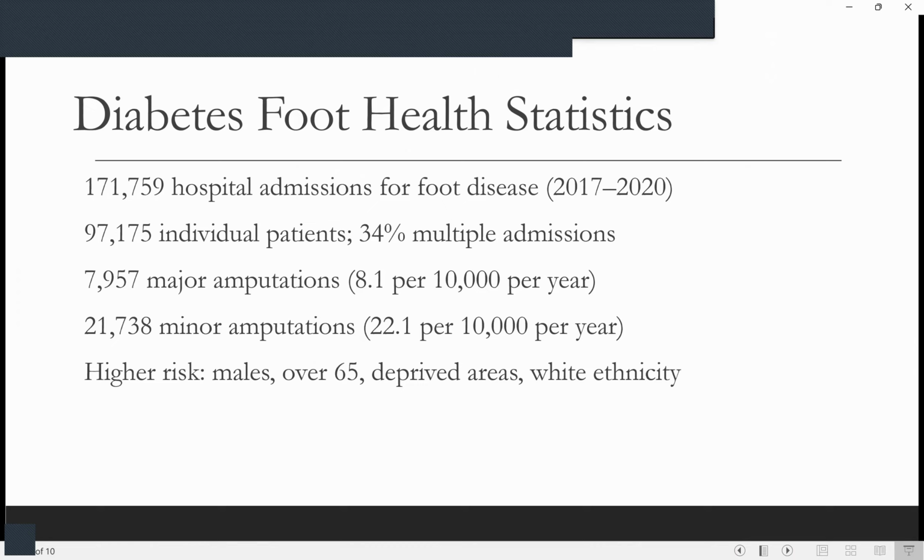Now, that is really high. Part of the problem is if someone has got diabetes, they will have maybe one foot review a year. If they're low risk, they may only have one foot review every other year.